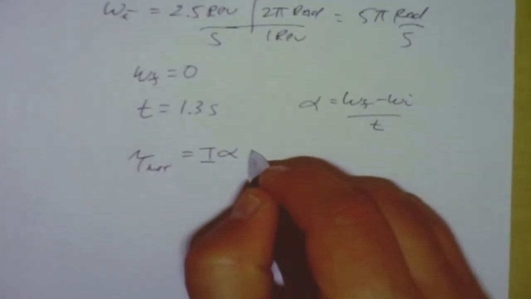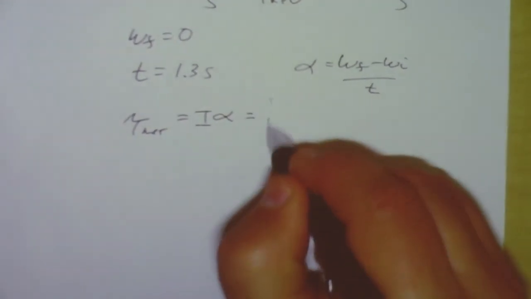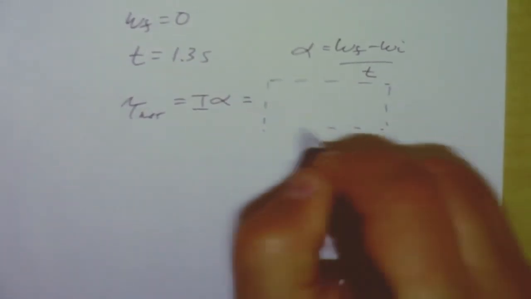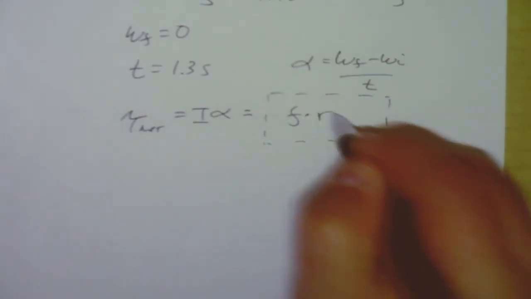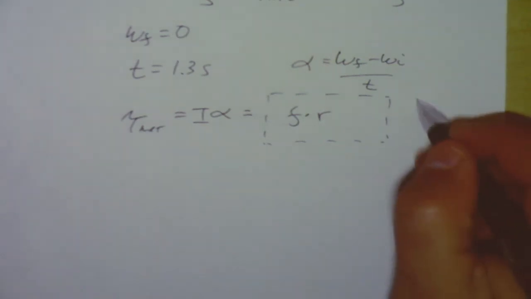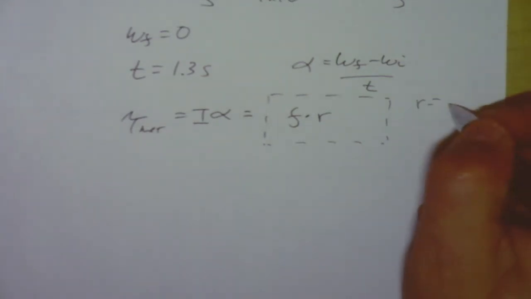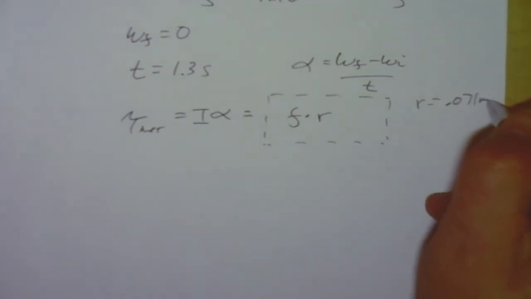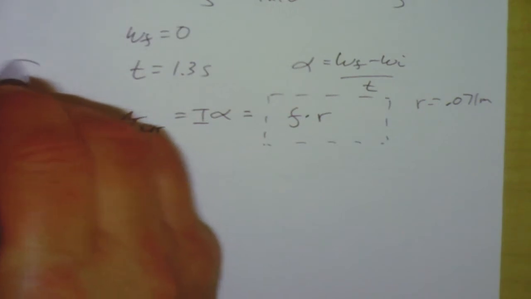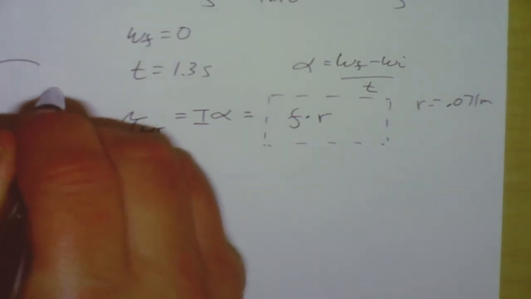Okay? And then this is equal to, what are the actual forces? Well, it's the force of friction, and then where is it acting? Distance r from the center. They actually tell us r in the problem. 7.1 centimeters, that's where the brake pads actually touch. Okay, so here's the wheel. It's spinning.